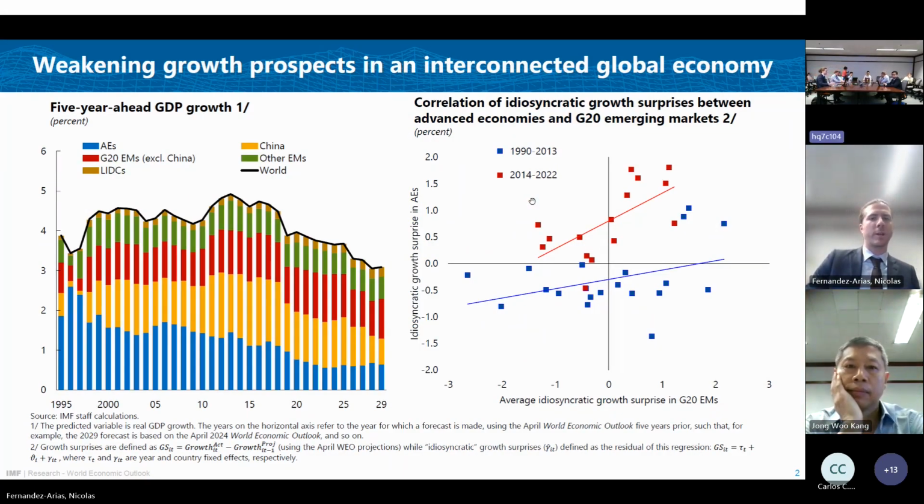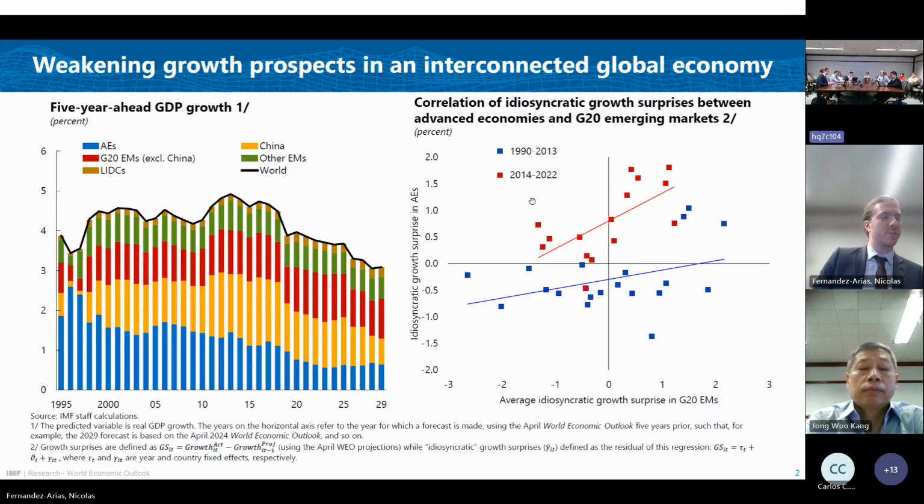Chapter 4 of the World Economic Outlook is aimed at studying spillovers, and here we're studying real spillovers from large emerging markets, so emerging markets in the G20 specifically, through trade and global value chains. So why have we chosen to study this now?